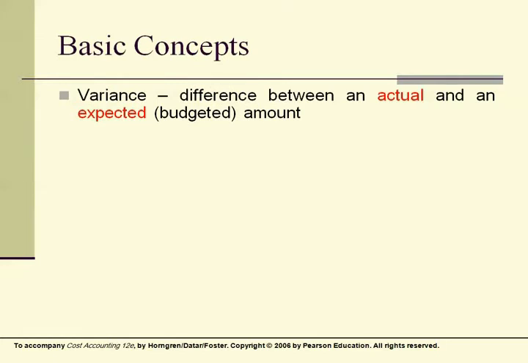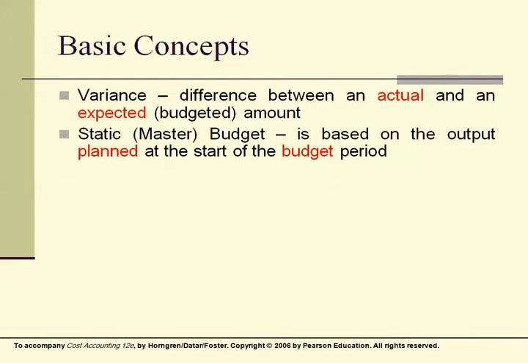Basic concepts. Variance is the difference between an actual and an expected or budget amount. Static or master budget is based on the output planned at the start of the budget period.